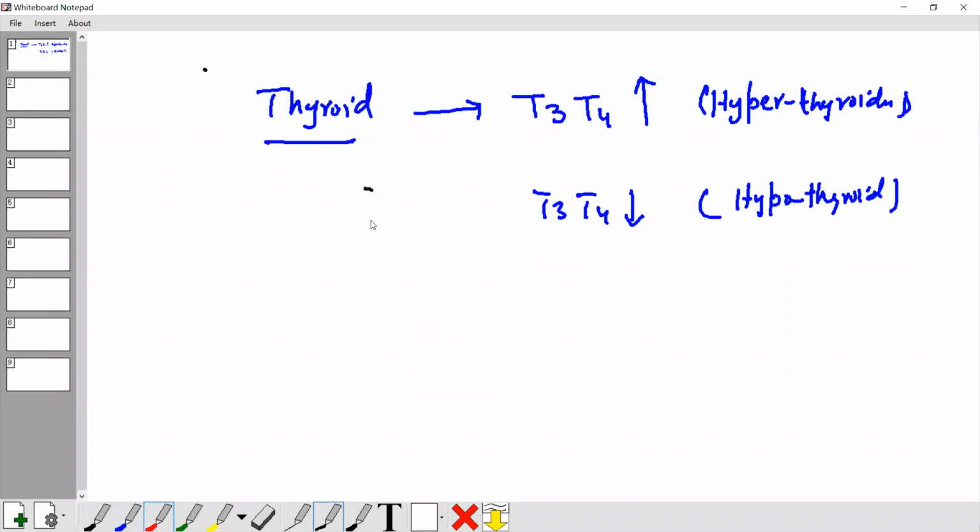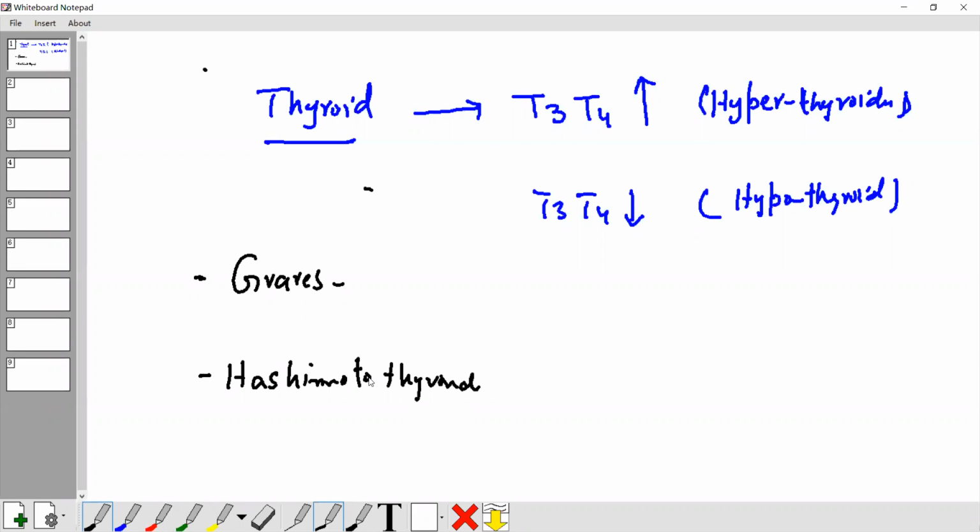The remaining thing: what are the causes of hyper and hypo? It's all covered in pathology. Graves' disease is the cause for hyperthyroidism. Another is Hashimoto thyroiditis, and another is iodine deficiency goiter.